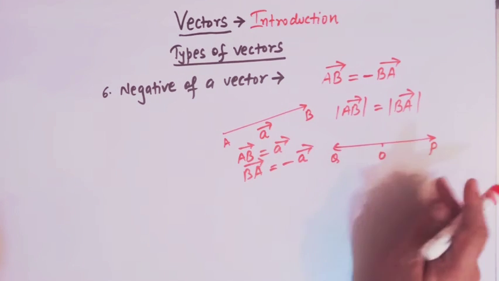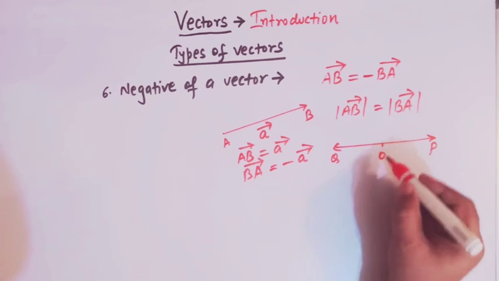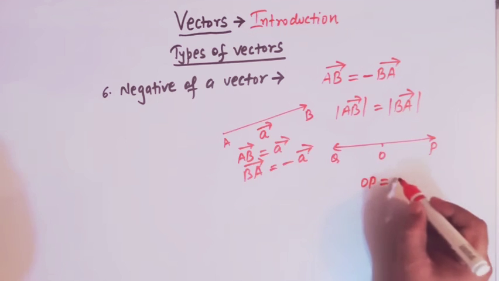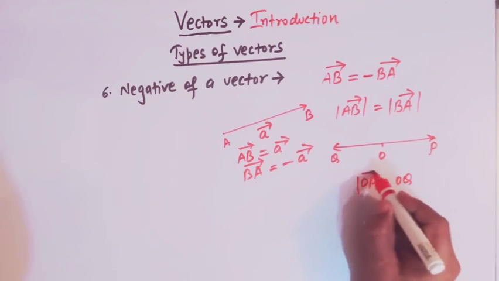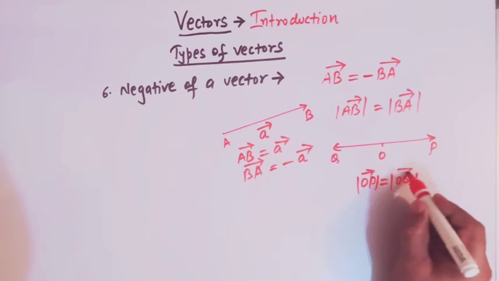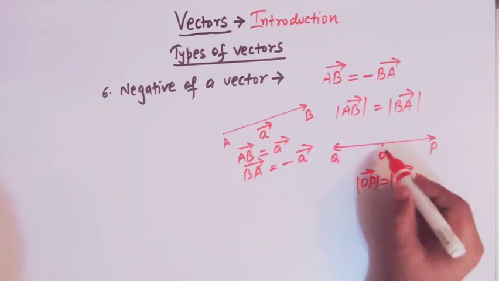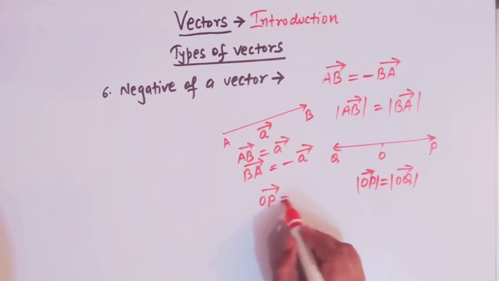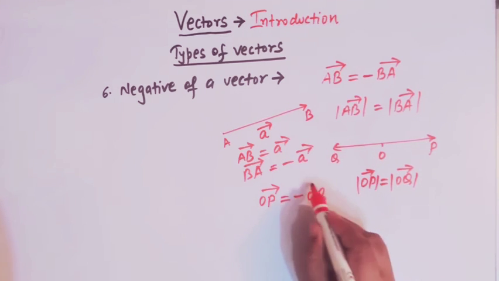Now consider this figure. If the magnitude of vector OP is equal to the magnitude of vector OQ, then vector OP is equal to minus of vector OQ, right?